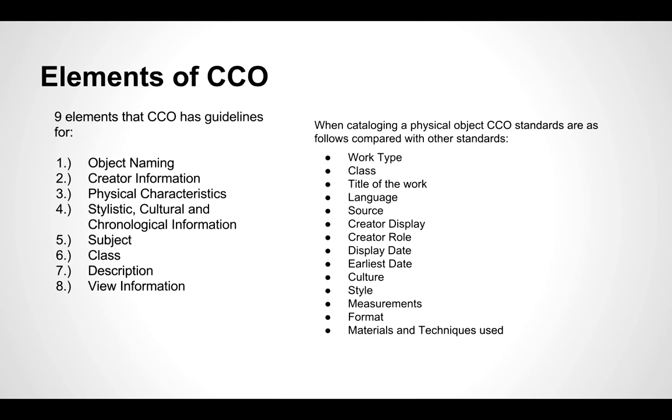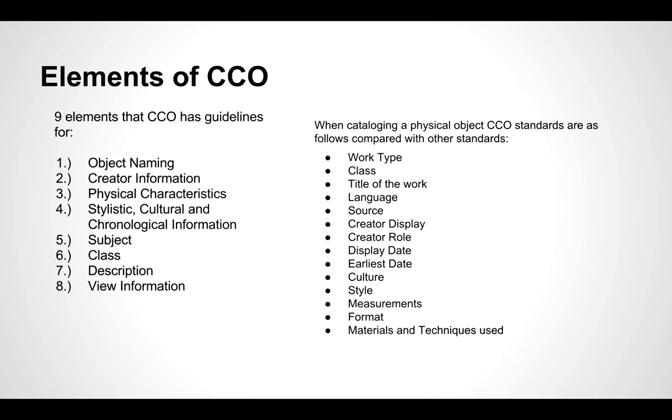So there are 9 elements of the CCO that they try to use when cataloging any object. That is object naming, creator information, physical characteristics, stylistic, cultural, and chronological information, subject, class, description, and view information.